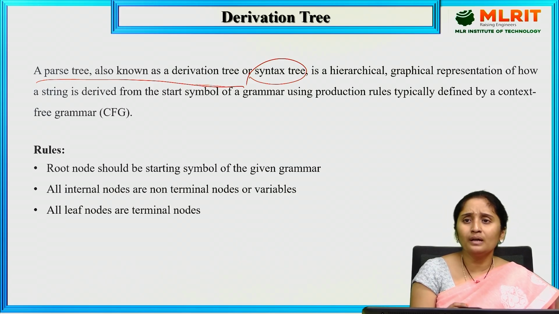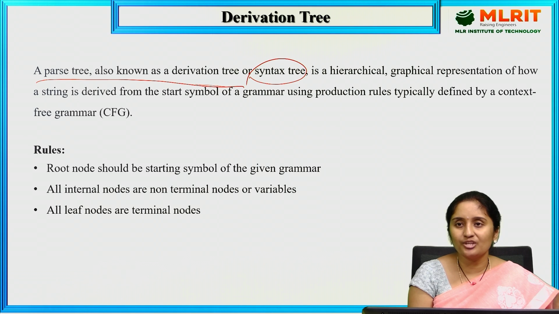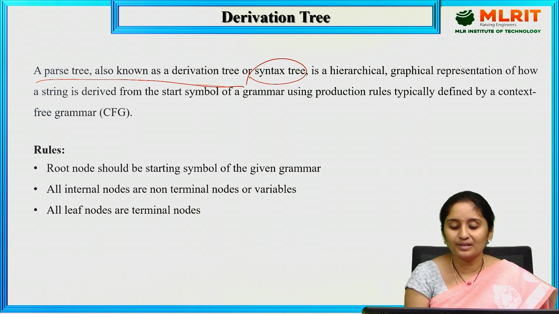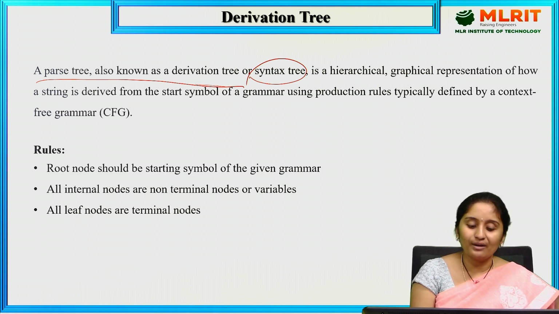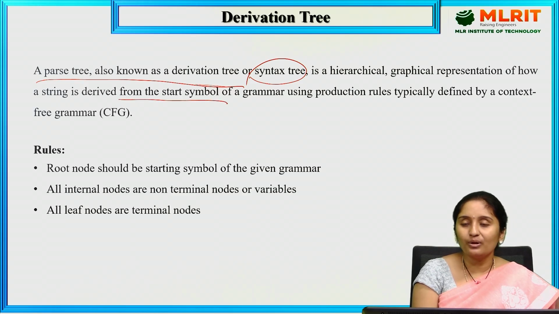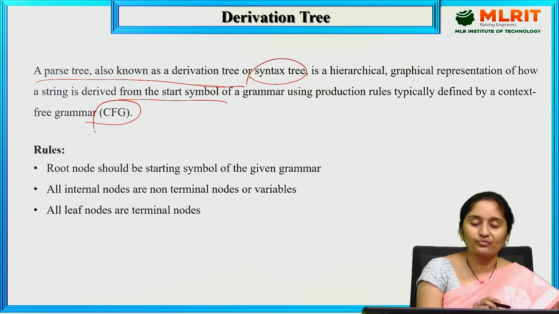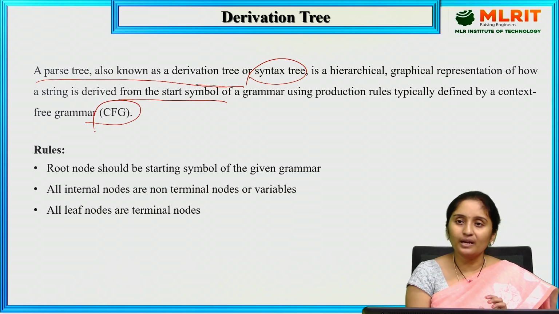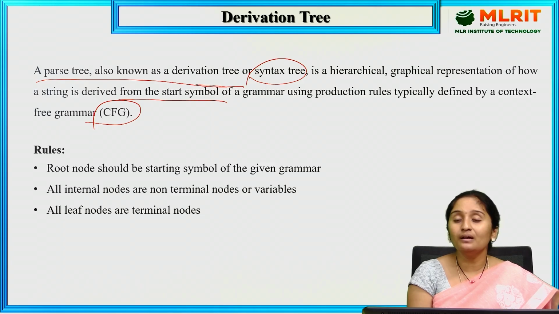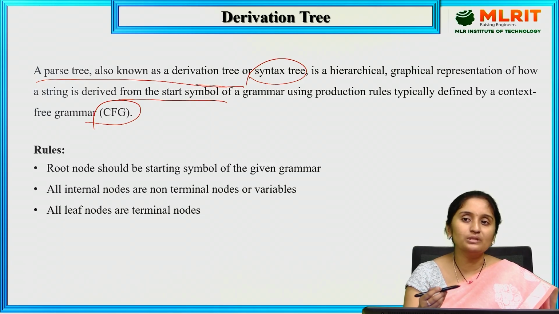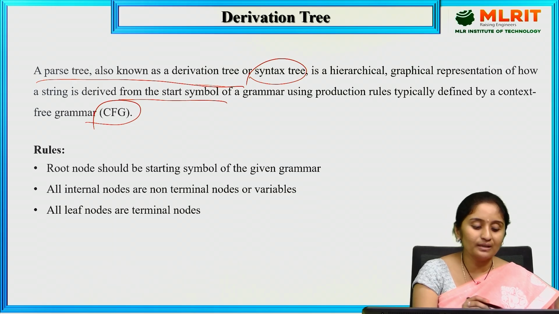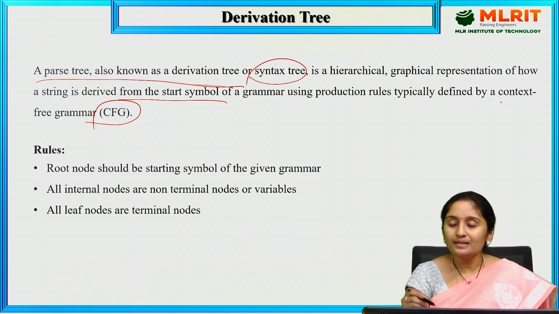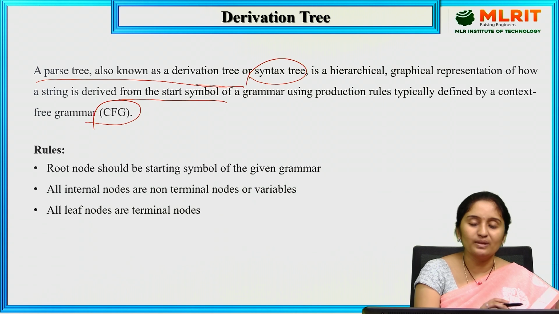The tree is a hierarchical, or graphical, representation of how a string is derived from the start symbol of a grammar by applying production rules. These production rules are typically taken from the context-free grammar.